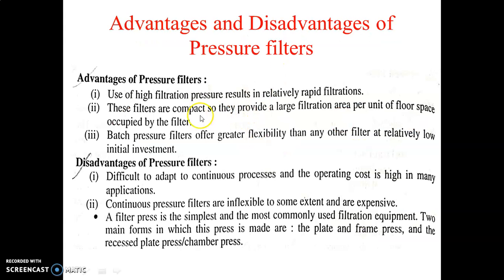So by using pressure filters, rapid filtration is carried out. These filters are compact, that means the area required for these filters is very small. They provide a larger filtration area per unit floor space occupied by the filter.